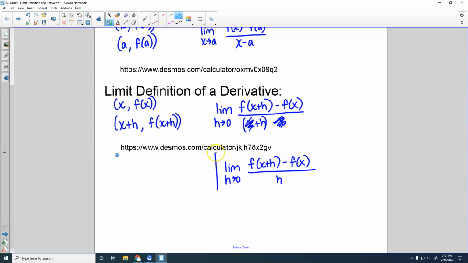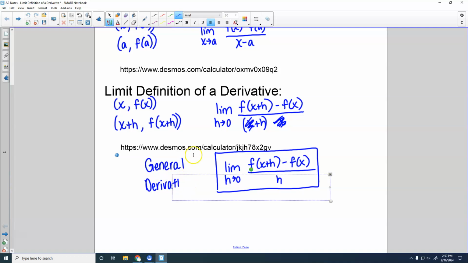All right, this is the general derivative of f.